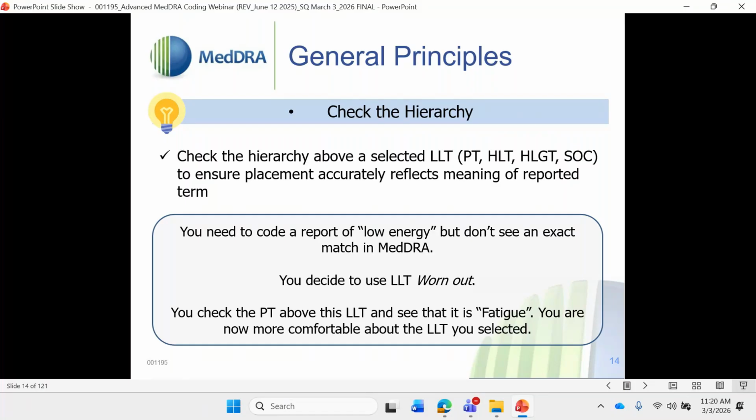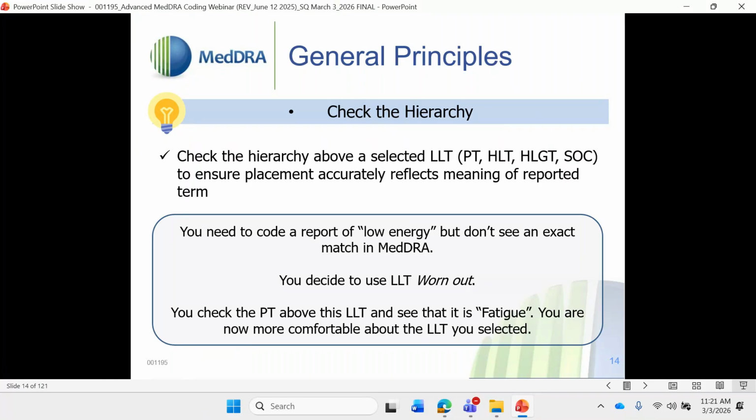Then you would check the hierarchy of which PT worn out is linked to, to make sure that you're going on the right track in your thought process. You check and you see that the LLT worn out resides under the PT fatigue. And actually, that's what you mean to say. So you're confirming that that is the correct choice of the LLT you chose. So the way to confirm that you're going the right route with that concept is to check the hierarchy.